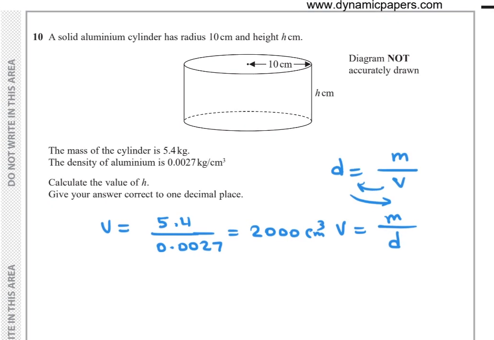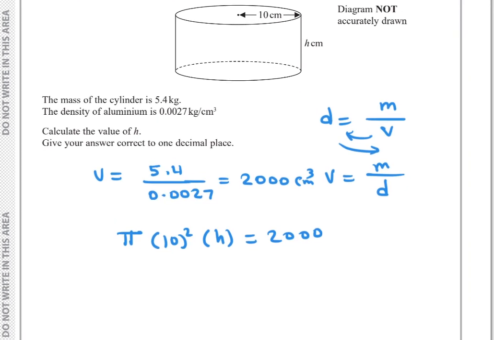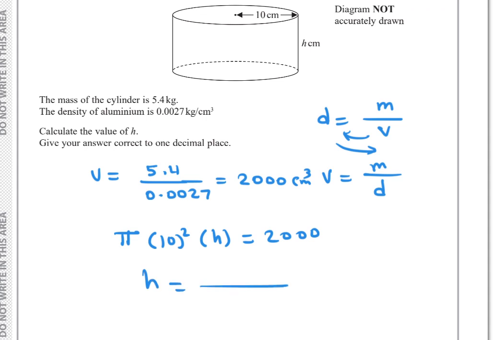Now the volume of the cylinder equals pi r squared times height. So pi times 10 squared times h equals 2000. So to find the height, 2000 over pi times 10 squared equals 6.4 centimeters to one decimal place.